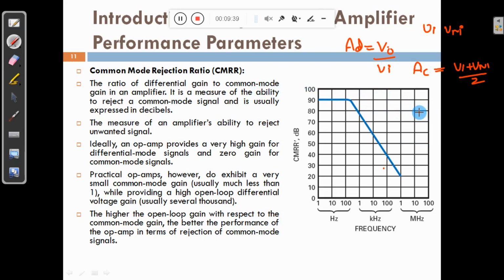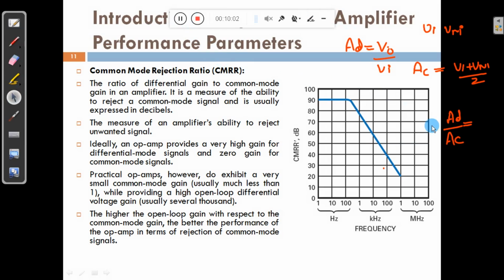So common mode rejection ratio is represented by AD by AC. This parameter tells to what extent the amplifier will reject the common mode signal. That is called the common mode rejection ratio.